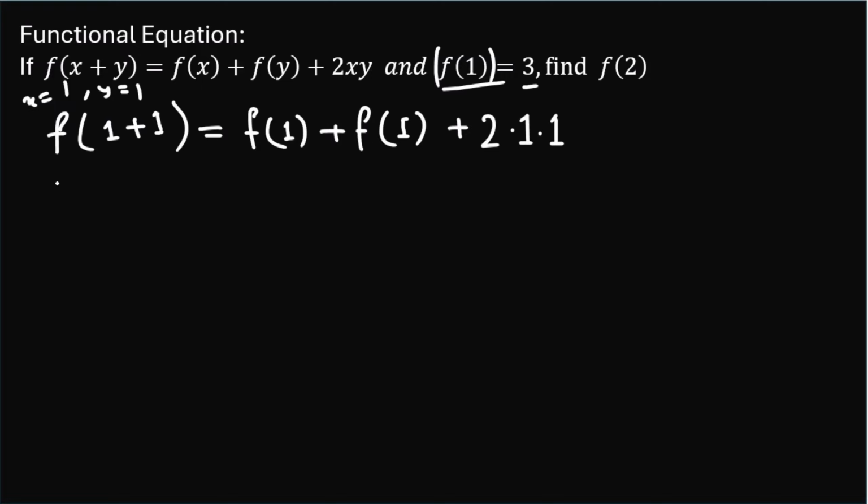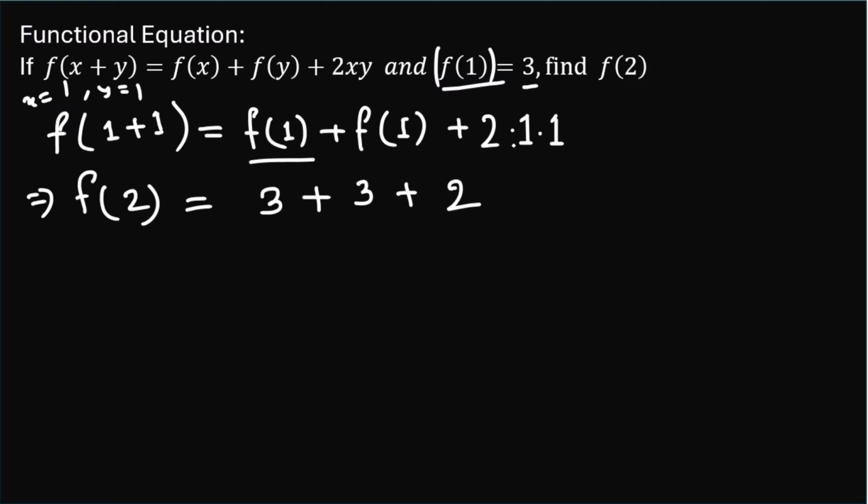Now we get f of 2 equals f of 1 plus f of 1 plus 2. The condition is f of 1 equals 3, so we put the value 3 here, and also here, and 2 times 1 times 1 equals 2. So f of 2 equals 3 plus 3 plus 2, which is 8. This is the answer.